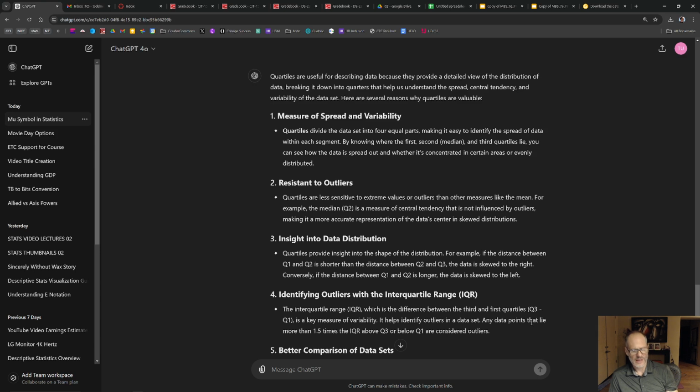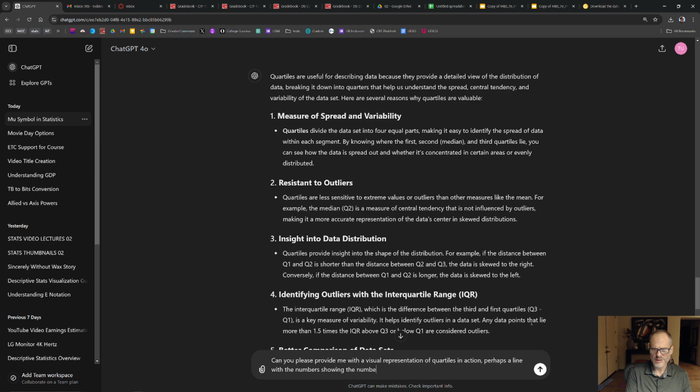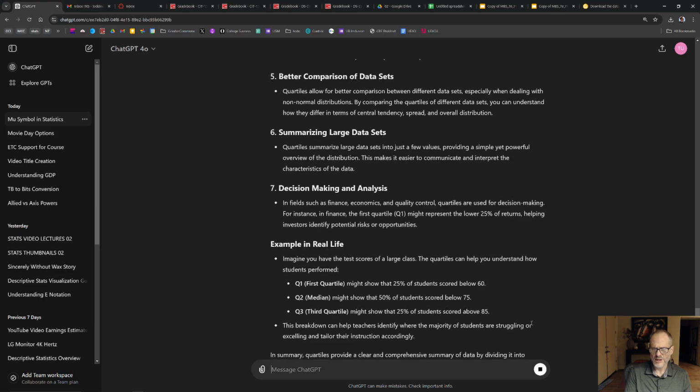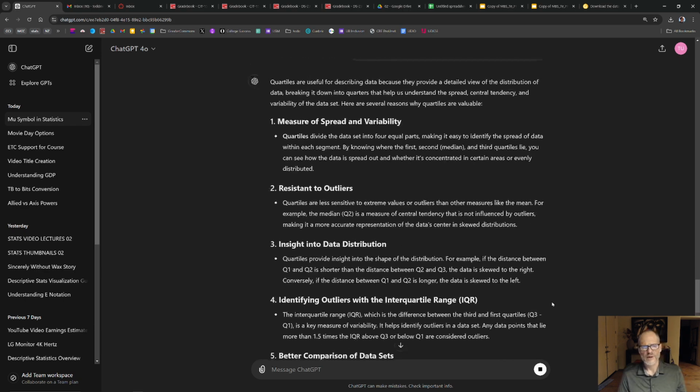And there's one more thing that I want to add, so I'll say, can you please provide me with a visual representation of quartiles in action, perhaps aligned with the numbers, showing the numbers in each quartile along the line. That'd be interesting. We'll see how it produces that.